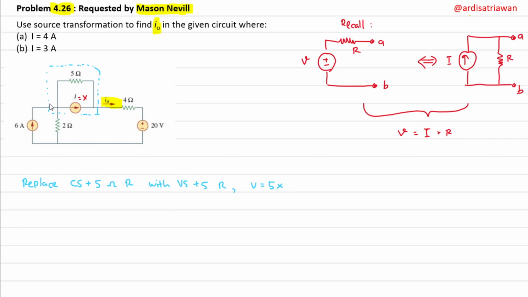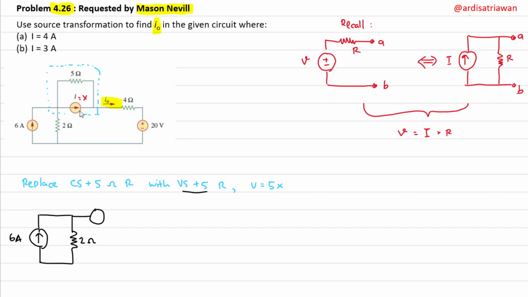Okay, so now let's redraw the circuit. We redraw the circuit. We have a 6 ampere current source here, and then we have that 2 ohm in parallel, and then here we have this voltage source and 5 ohm resistor. We want to replace it with this one, but in series. So I will draw the voltage source first.